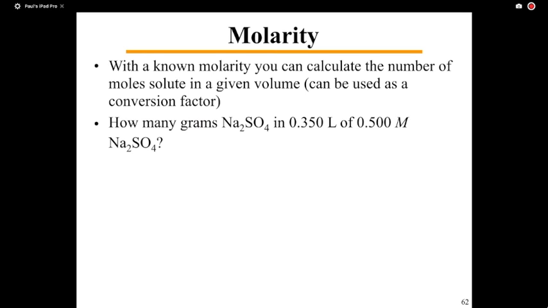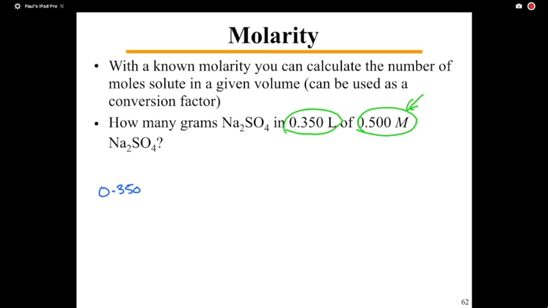We're going to use molarity as a conversion factor. So if I take a look at this, I have two numbers. I have this, and I have this. Which number is the conversion factor? The molarity.